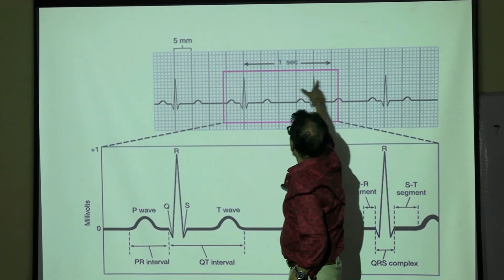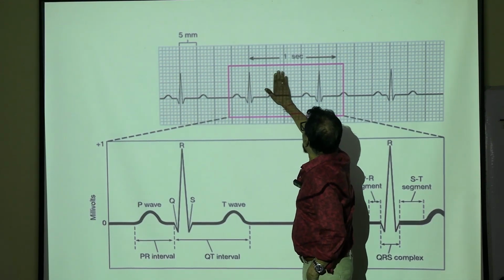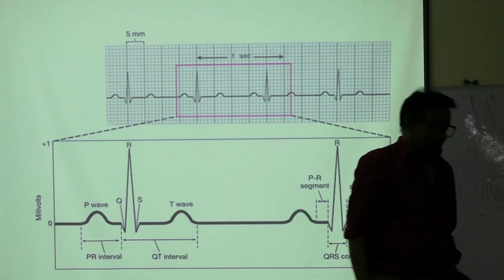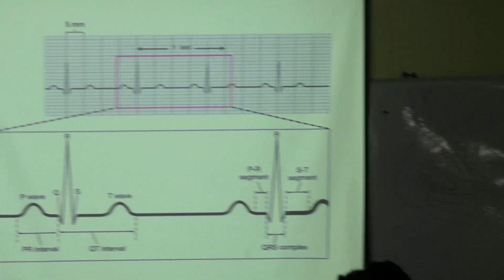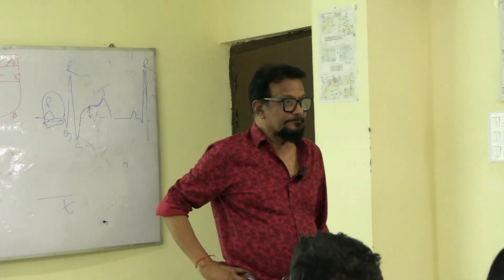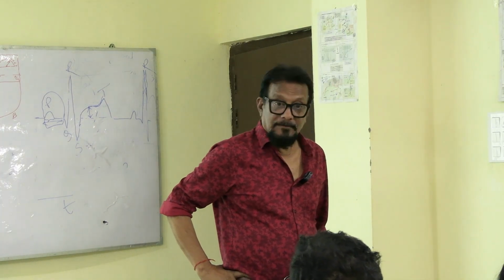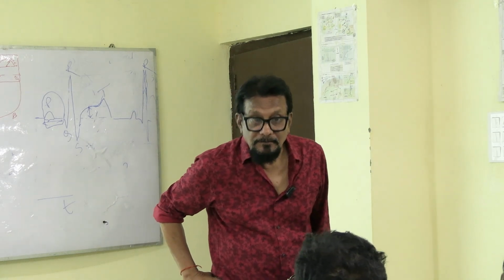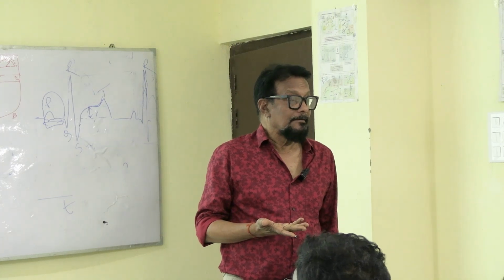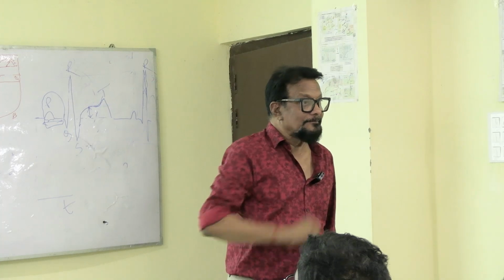How many millimeters are there? 5, 10, 15, 20. 20 millimeter into 0.04 is 0.8 second. This is the time it took for one beat.